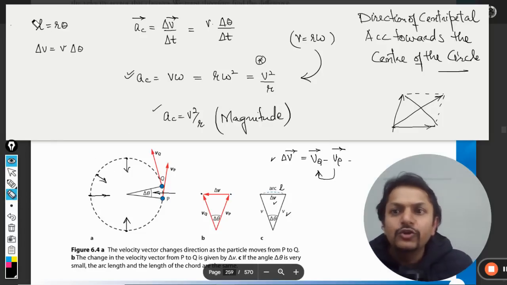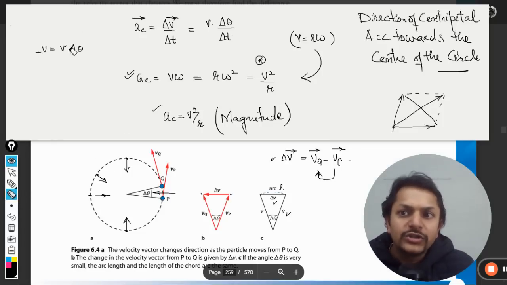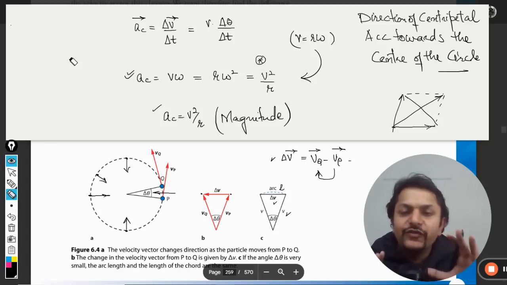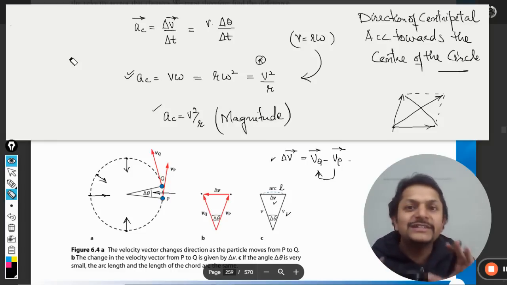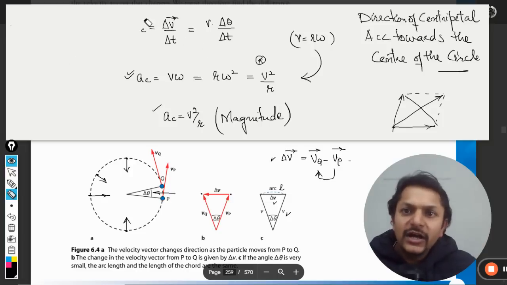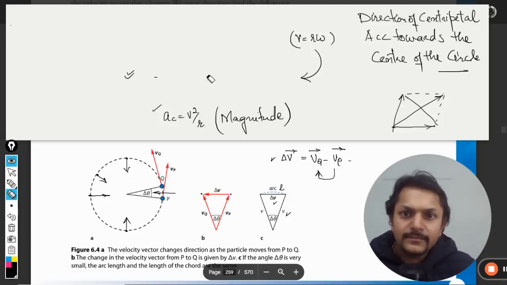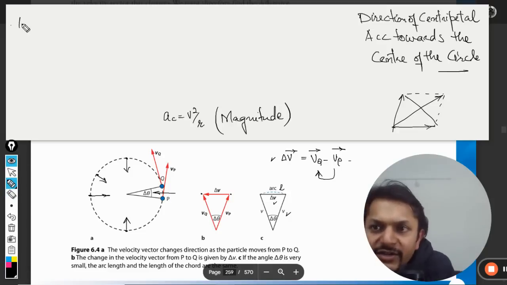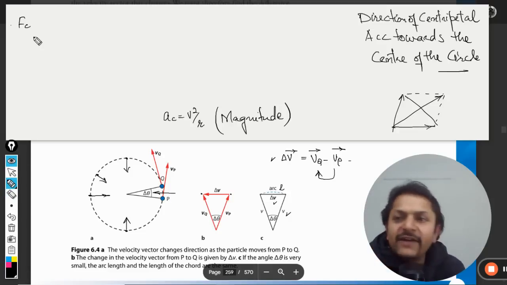But now let me tell you about two things. This is another part of the video. Now I am moving into the topic of centripetal force and centrifugal force. Okay, I'm erasing these things here now. Now, the centripetal force is written as Fc.